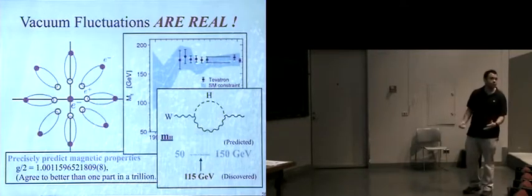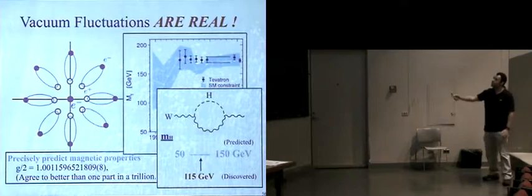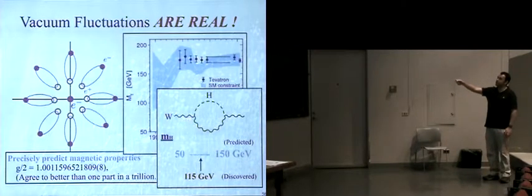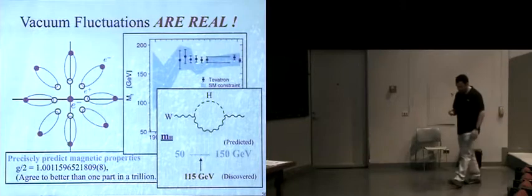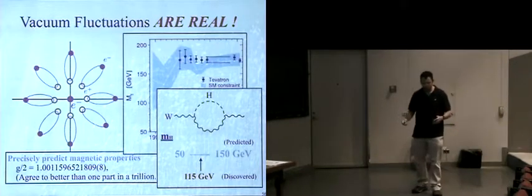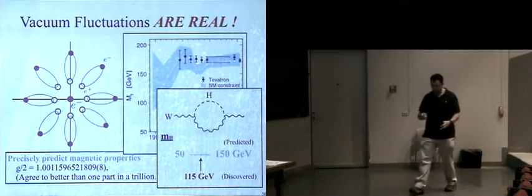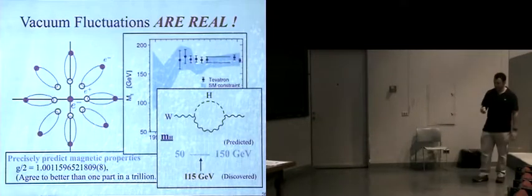And then of course we saw this with the Higgs. We had a limit on the Higgs mass coming from these vacuum fluctuation diagrams that look like this, and what we saw is consistent with this prediction. So vacuum fluctuations are real, and they're a reason that the theory is so successful. Okay, so this is something we have to take seriously.